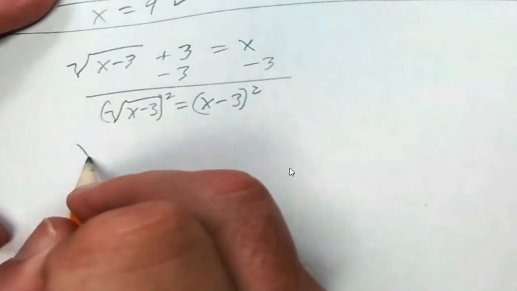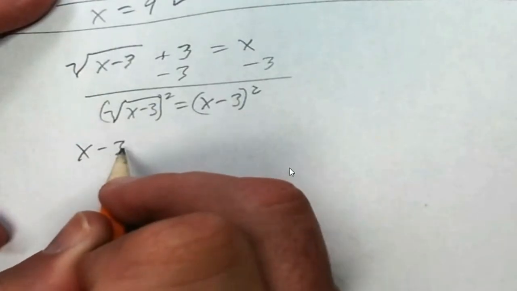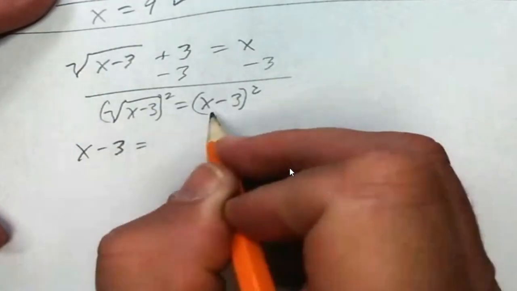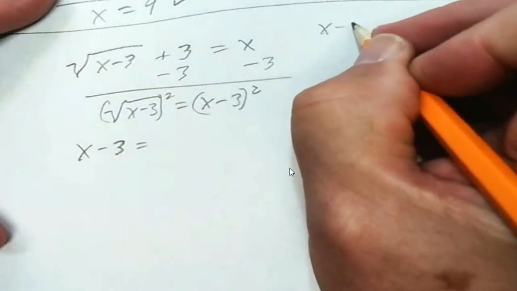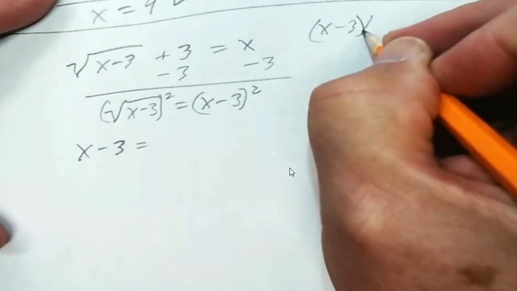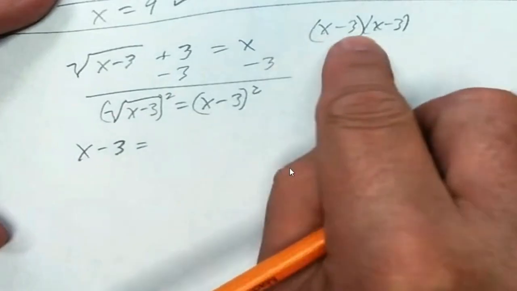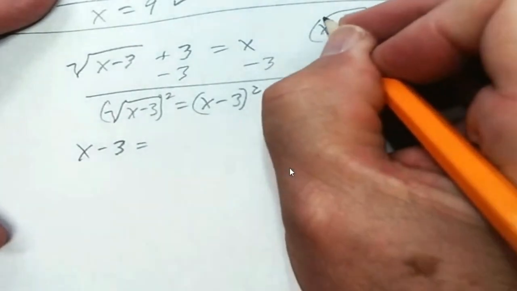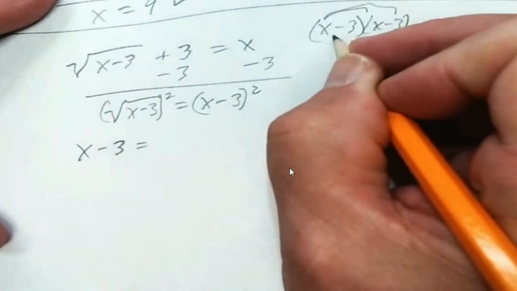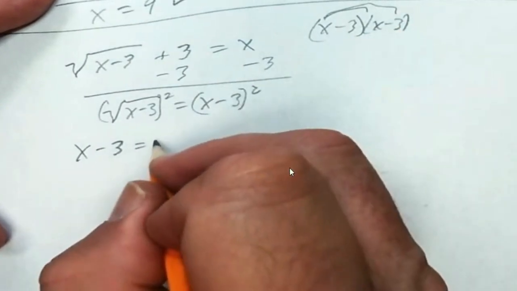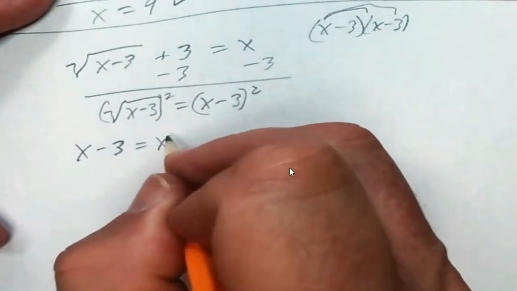So this side is just x minus 3. But this side is x minus 3 times x minus 3, right? Which means we got to multiply everything in here to distribute it. So x times x would be x squared.